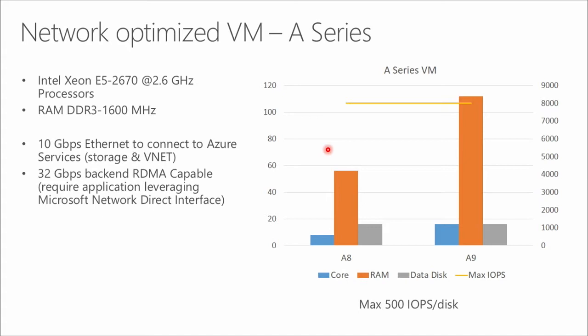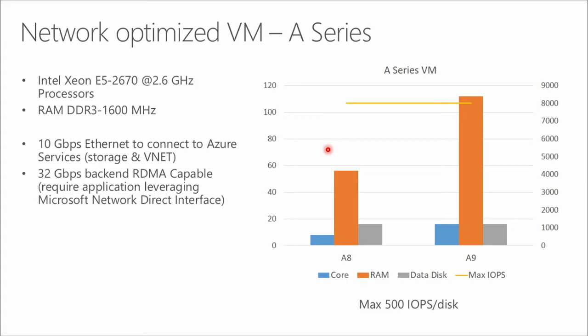That means not only do they have a faster processor, running on physical processors which are Intel Xeon E5 at 2.6 gigahertz, a fairly new generation of processors, and DDR3 RAM at 1.6 gigahertz, but they also have access to a 10 gig Ethernet card that gives access to the Azure services.